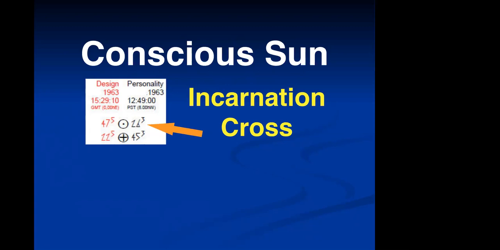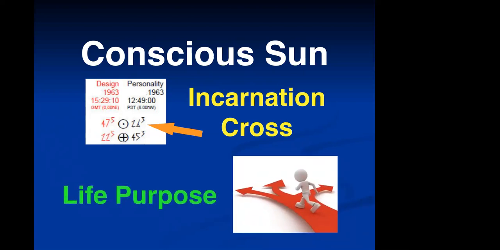So when we are talking about the incarnation cross and about the sun, this is really influential when it comes to my life purpose, what I am doing, why I'm here, and the gift I am here to give to the world. So when we look at your chart, understanding about your conscious sun as part of your incarnation cross can help you understand why you're here, what your gift is, the contribution you are here to make.